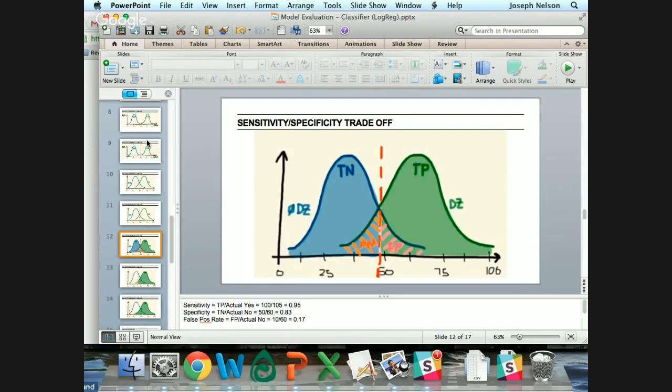So this area divided by that whole distribution's area, right? So return to the email example. We would rather have spam in our inbox than real email in our spam filter. So how would we adjust our cutoff point?